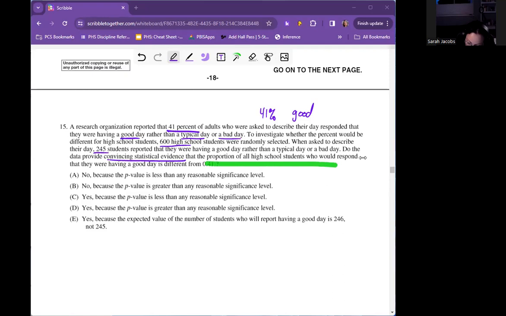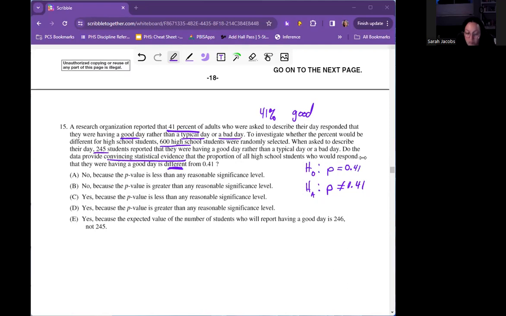The proportion of all high school students who would respond that they were having a good day is different from 0.41. Okay, a couple of things. Different means our alternative hypothesis is that the proportion is not equal to 0.41. And our null would be that it is.